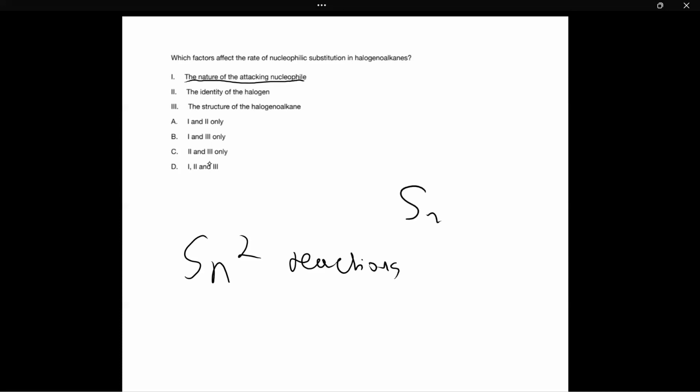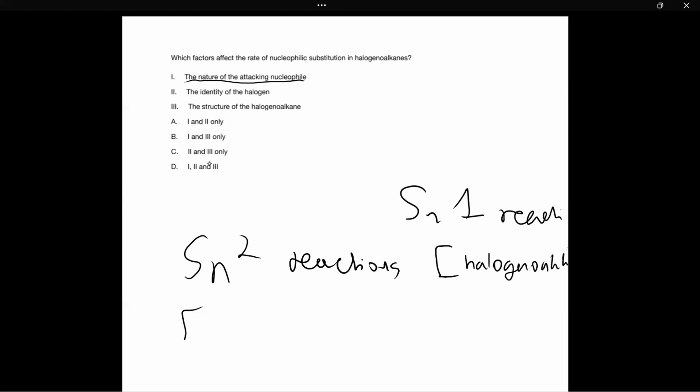In SN1 reactions, the rate is determined only by the halogenoalkane. So the concentration of the halogenoalkane, I'm so sorry for the handwriting. As in SN1 reactions, the concentration of the halogenoalkane determines the rate.